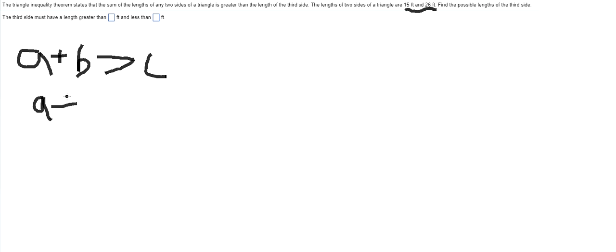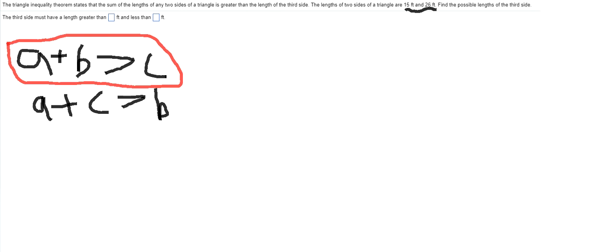So remember, we have A plus B is greater than C, and A plus C is greater than B. So you're going to input A as 15 and B as 26. The first equation I'll do in this color, and the next one in orange.